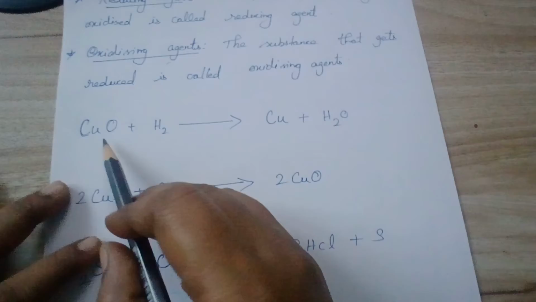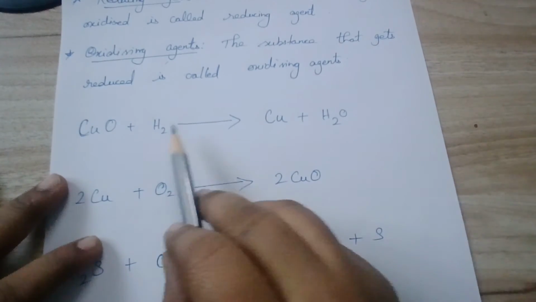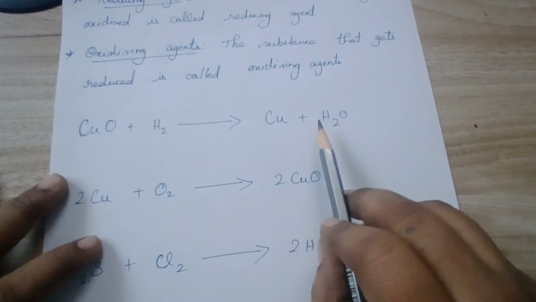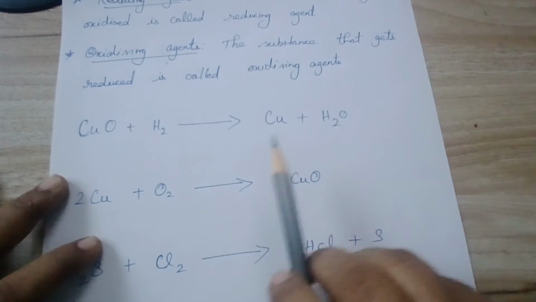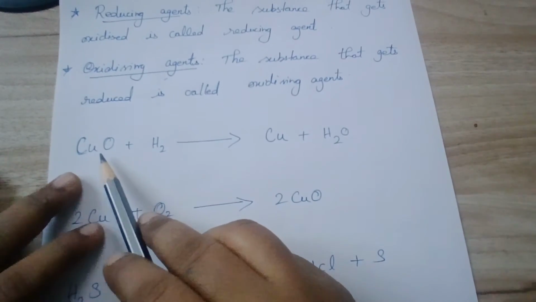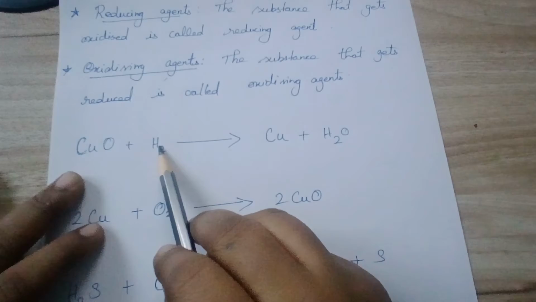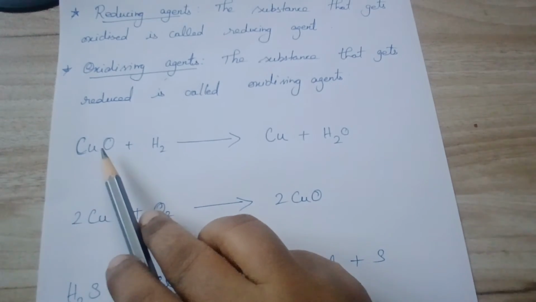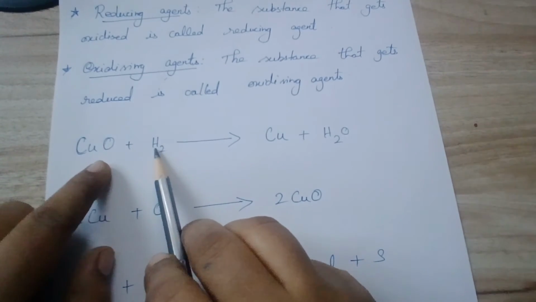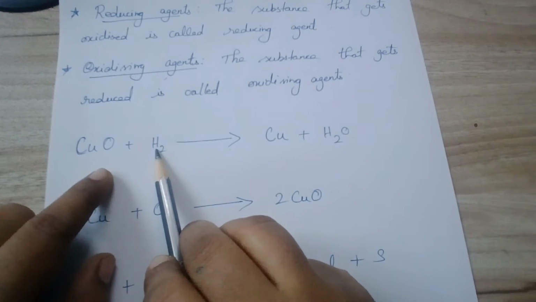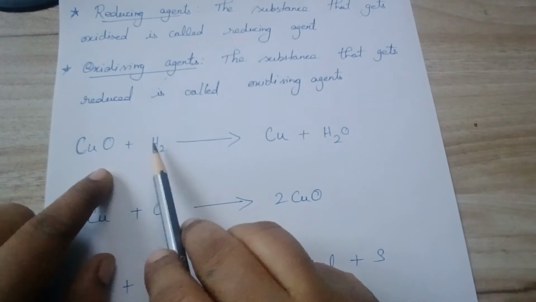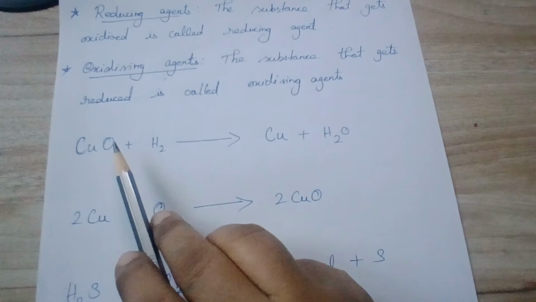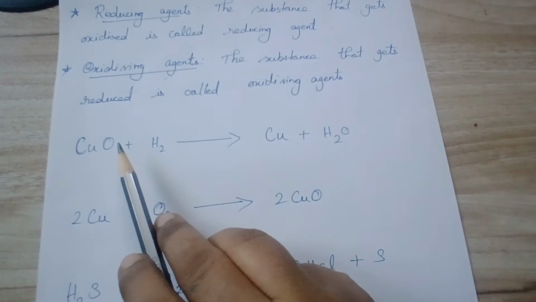Copper oxide plus hydrogen gives copper plus water. Here the oxygen is replaced by the hydrogen. We can say this is a single displacement reaction also.